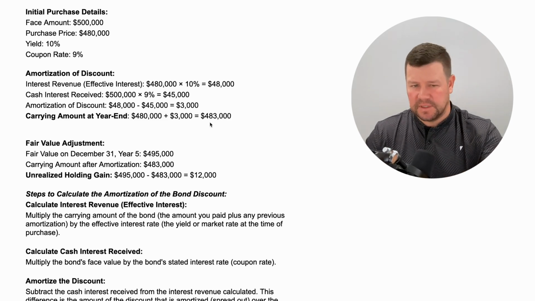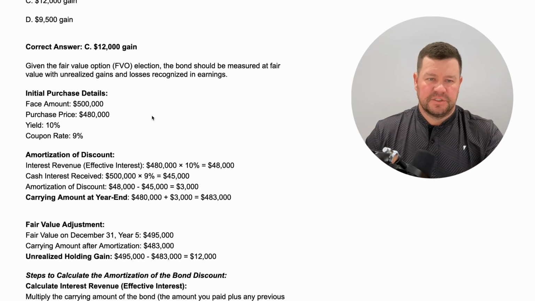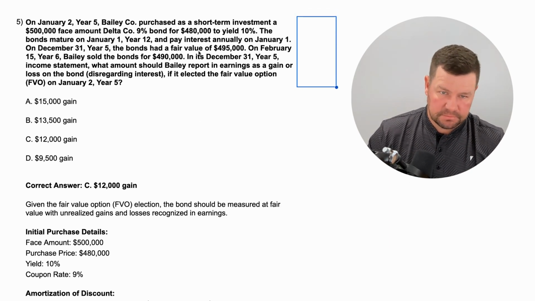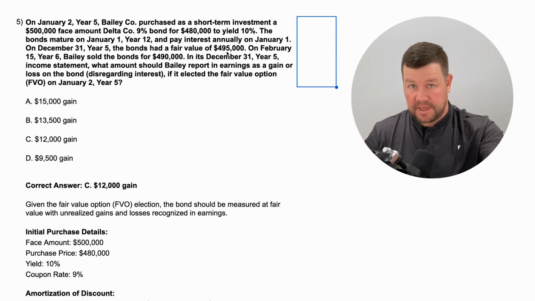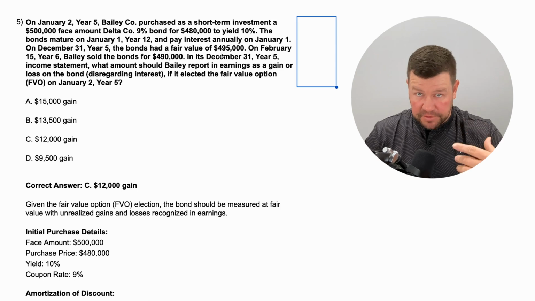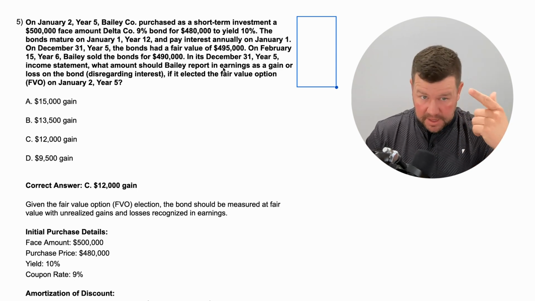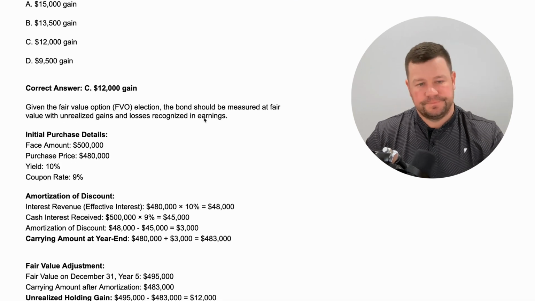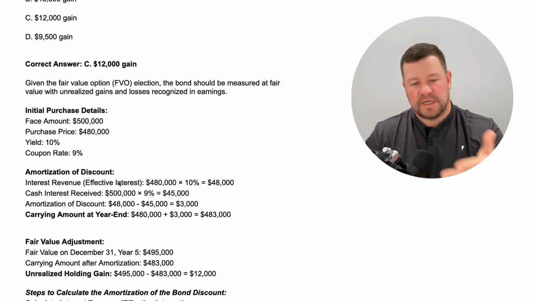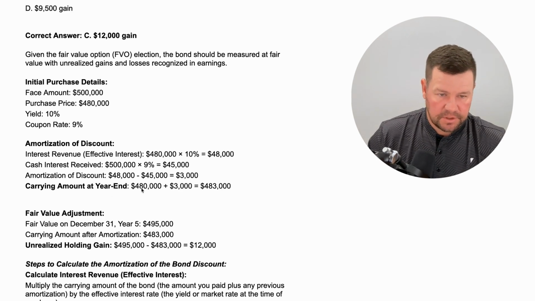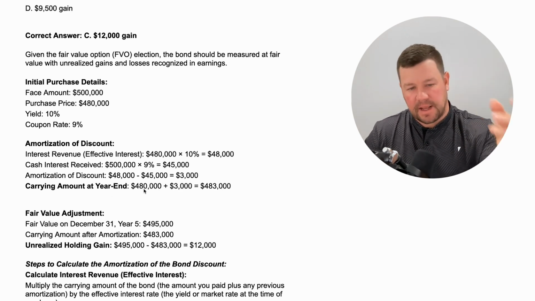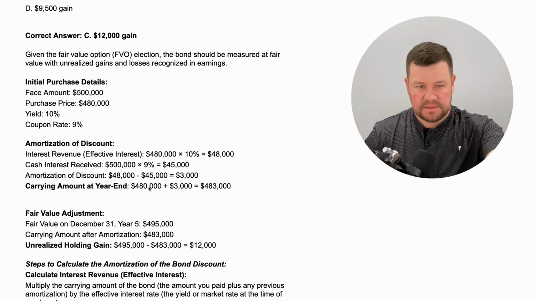And there's two ways to look at that. You could take the amortization of the discount and make the fair value change calculation: the 480 to 495, 15,000, and subtract the 3,000. That's how it works better in my head. But what's actually happening is you're adding that amortization of the discount back to the carrying amount of the bond.